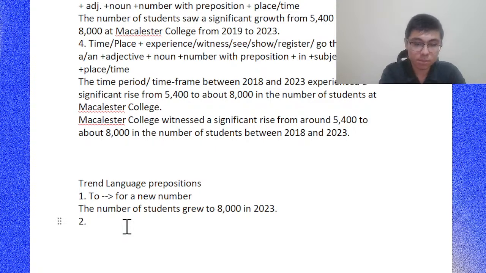And then there is by. By is another preposition that you can use, and it is used for changes expressed by verbs.